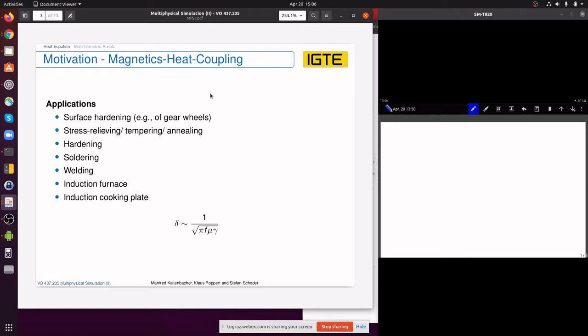So the basic principle induction heating is using is the heating by eddy currents. And so eddy currents are one part of the dissipative power.